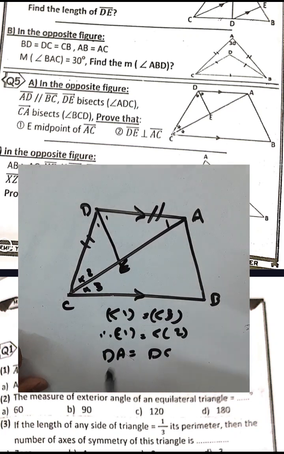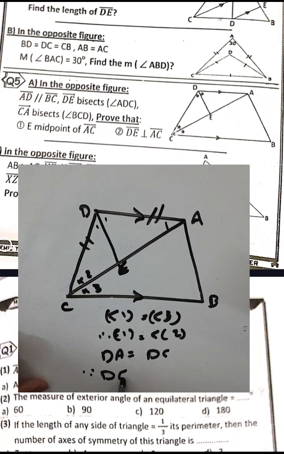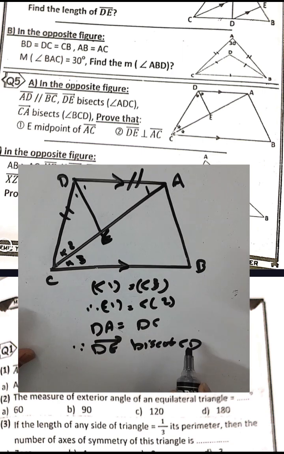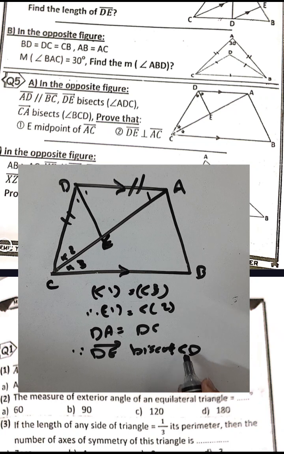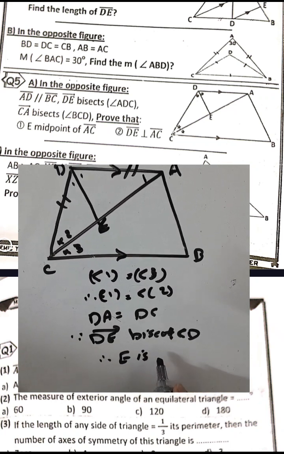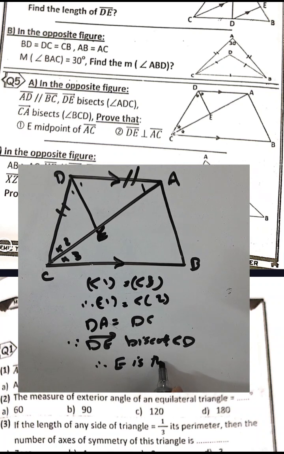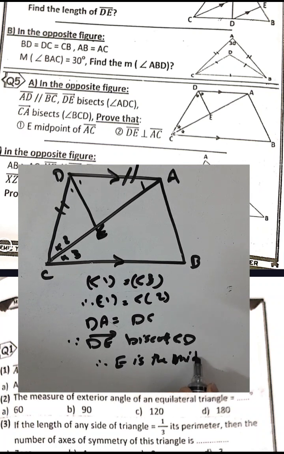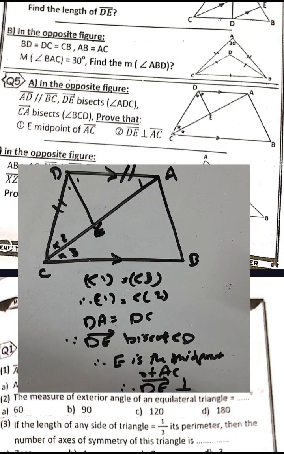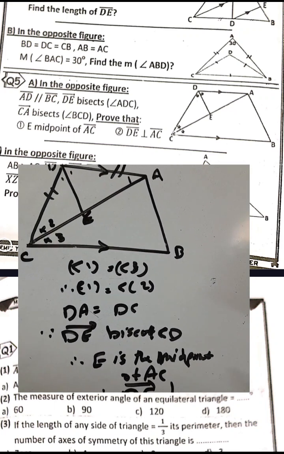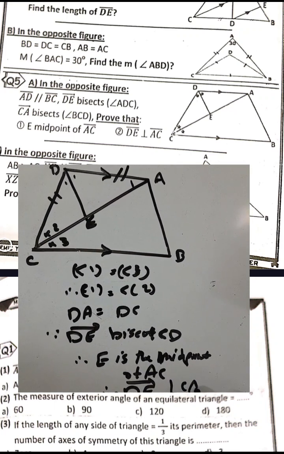Then it will be isosceles, and such that DE bisects angle D, bisect angle D here. Then E is the midpoint of EC, and DE will be perpendicular to CA.